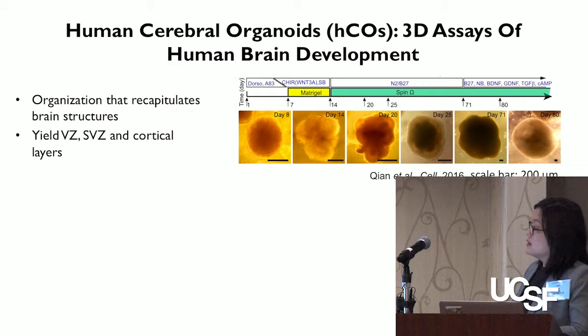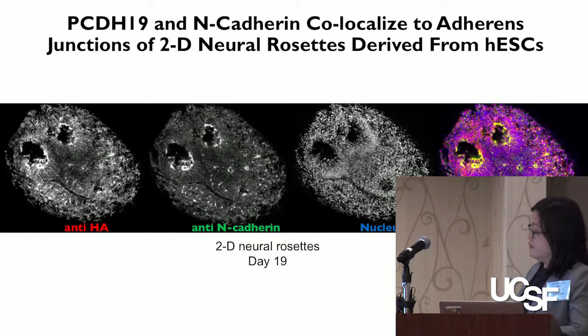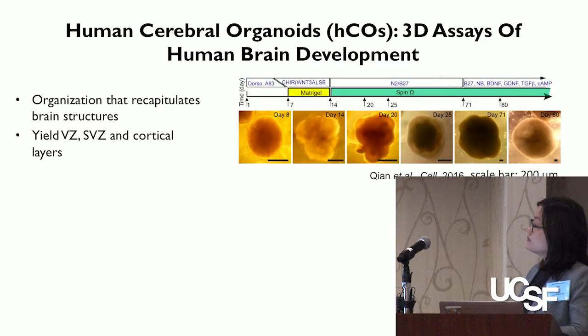Starting with the iPS cells, and then similar to the 2D, we add the dual SMAD inhibitors and then induce the dorsalization, and then we can grow this for 100 days, and later on add factors to increase the maturation of the organoid.